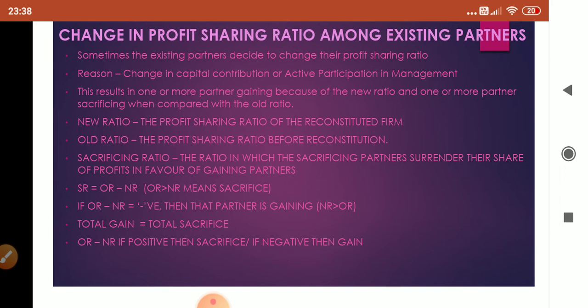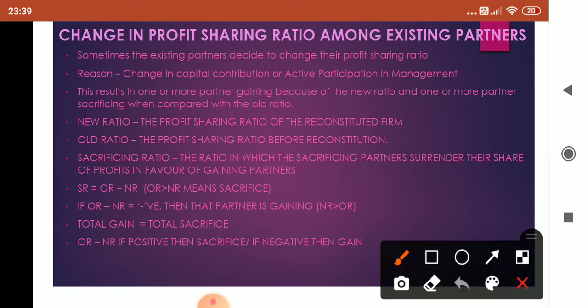So, remember the formula. Sacrificing ratio is equal to old ratio minus new ratio. In other words, when old ratio is greater than new ratio, that partner is sacrificing. If old ratio minus new ratio is positive, then that partner is sacrificing; if negative, then that partner is gaining. In other words, if new ratio is more and old ratio is less, that partner is gaining.